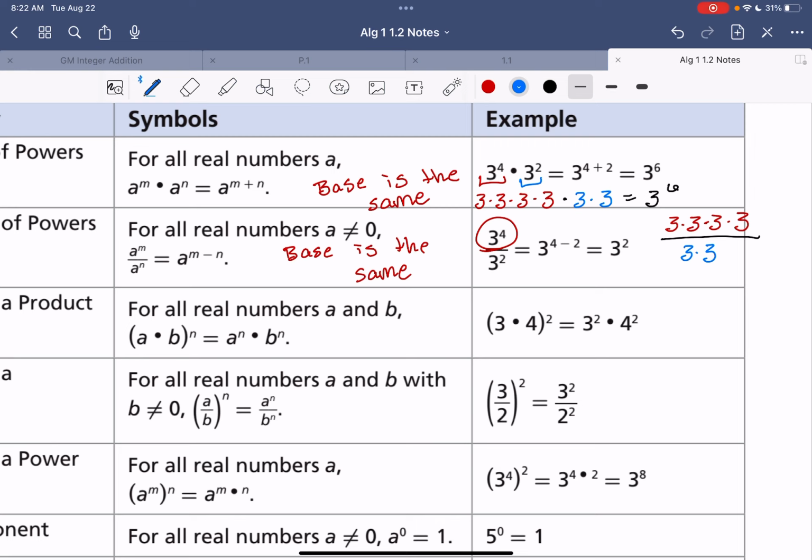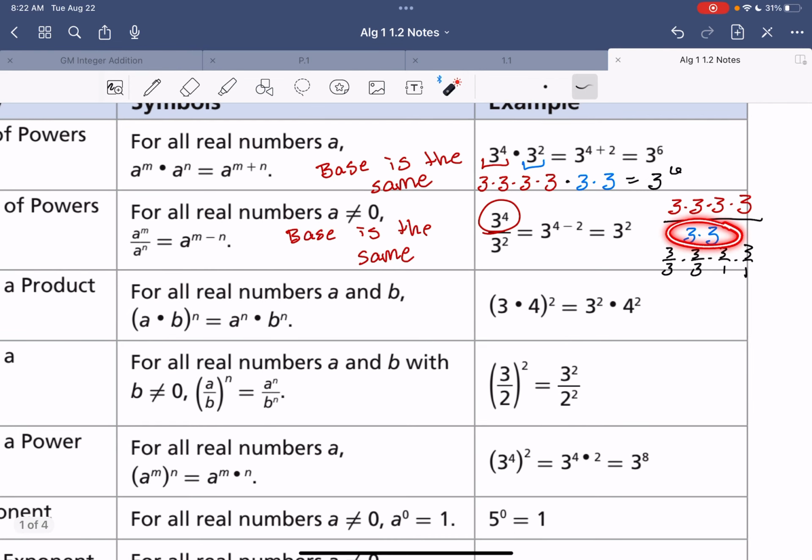3 times 3, okay? Now I can split this up and write it as 3 over 3 times 3 over 3 times 3 over 1 times 3 over 1, because I don't have any more 3's in the denominator. I only have 2 3's in the denominator. Well, this first 3 over 3 simplifies to 1. 3 divided by 3 is 1, and I'm just left with 3 times 3, which lo and behold is 3 to the 2nd.